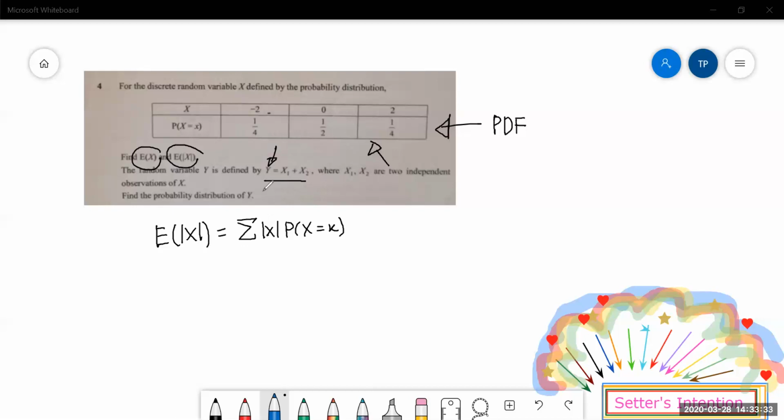So now we're going to find the probability distribution of y. We need to know what are the different values that y can take on.